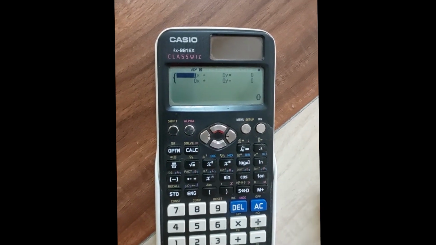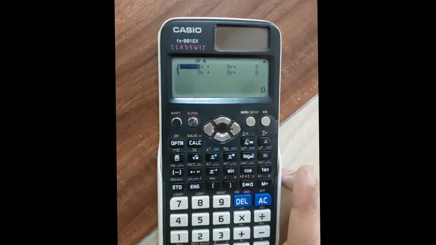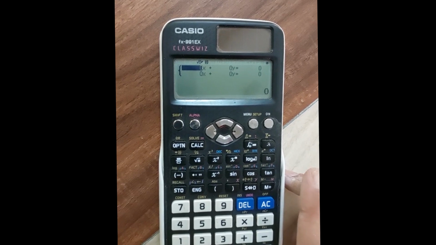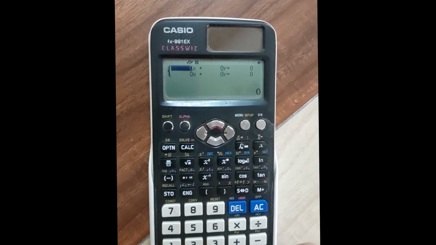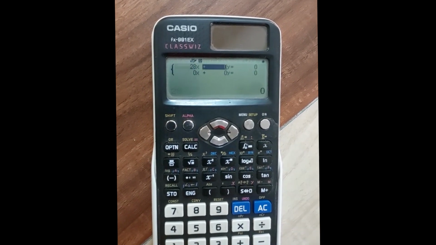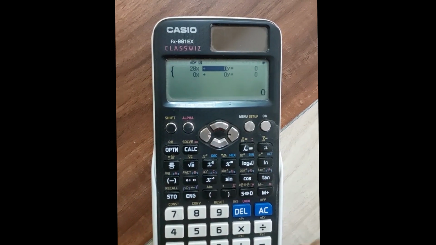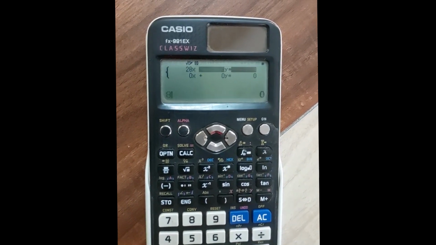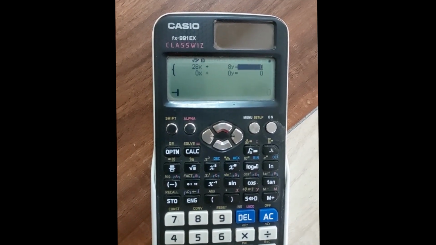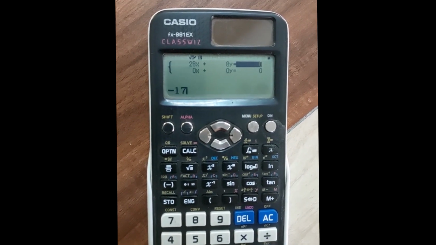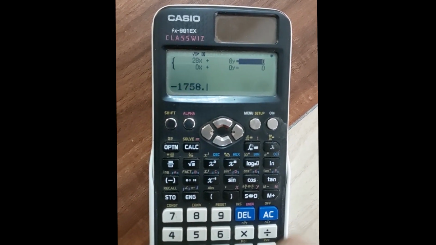Our first equation is 28 MB plus 8 MC equals minus 1758.75.